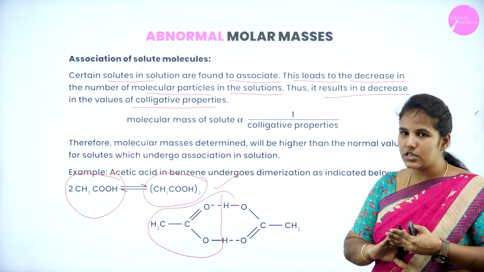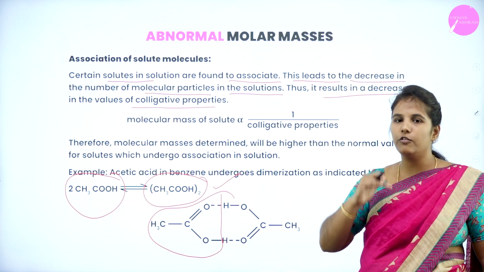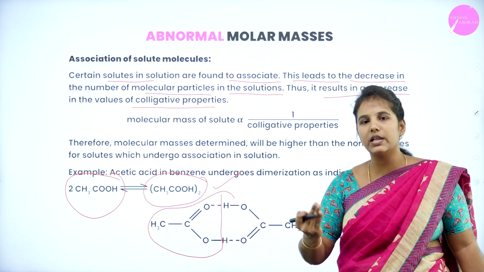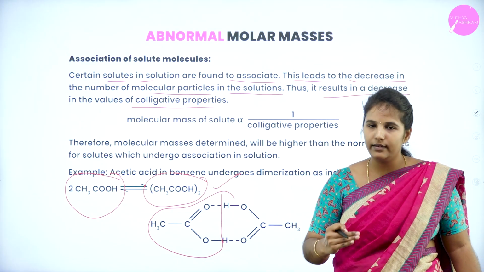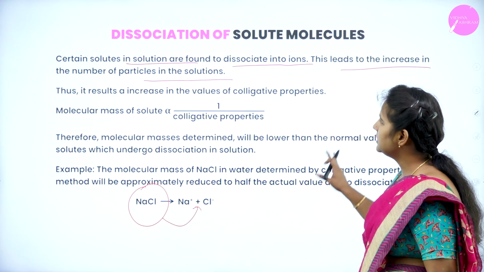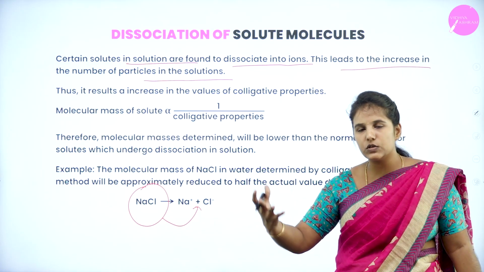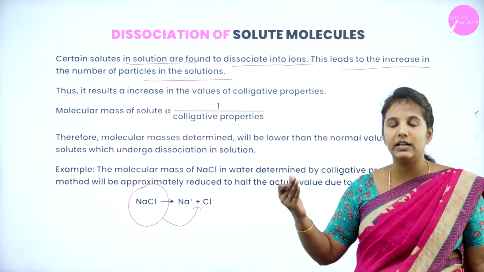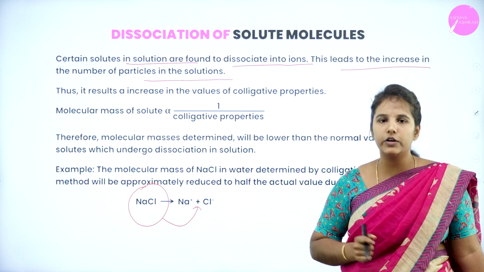So because of the association between the molecules, it always decreases the number of particles. If the number of particles in the solution decreases, obviously the calculated colligative property will decrease because of the association of the molecules. Whereas in dissociation, remember, a single molecule dissociates and gives rise to ions. The best example is sodium chloride. It will undergo dissociation and give rise to two ions, that is a sodium ion and a chloride ion, right?